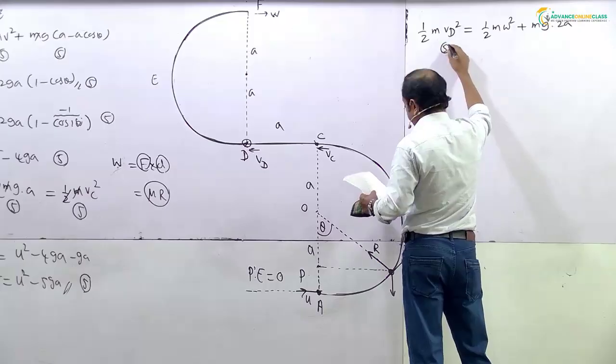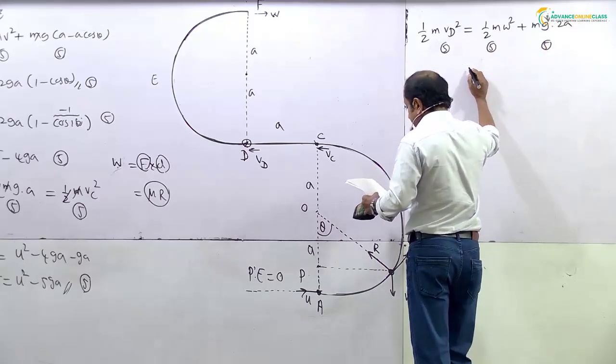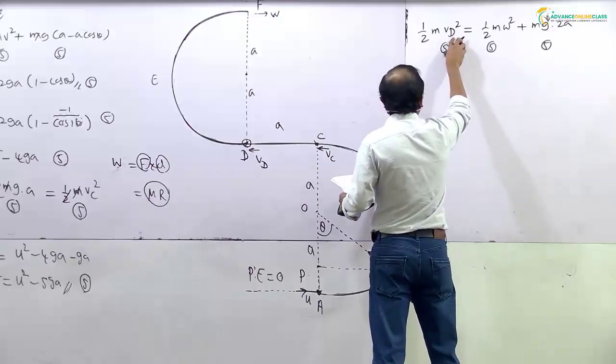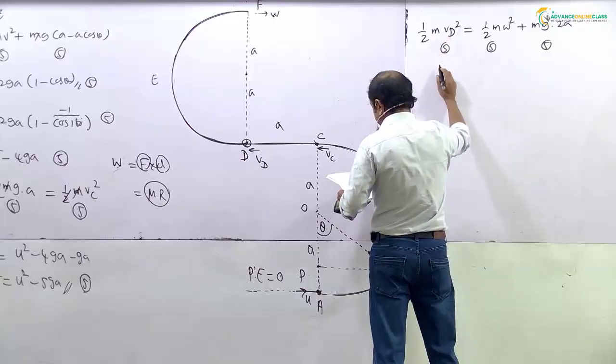Here we get 5 marks, another 5 marks, another 5 marks. Then substituting for this Vd squared.